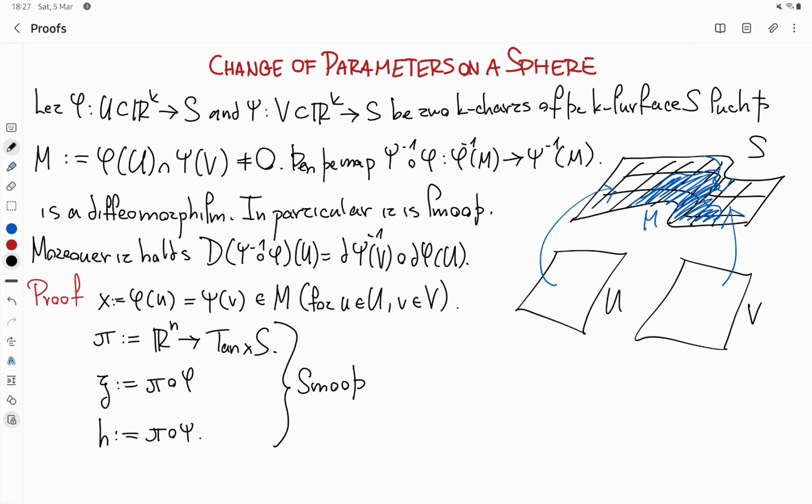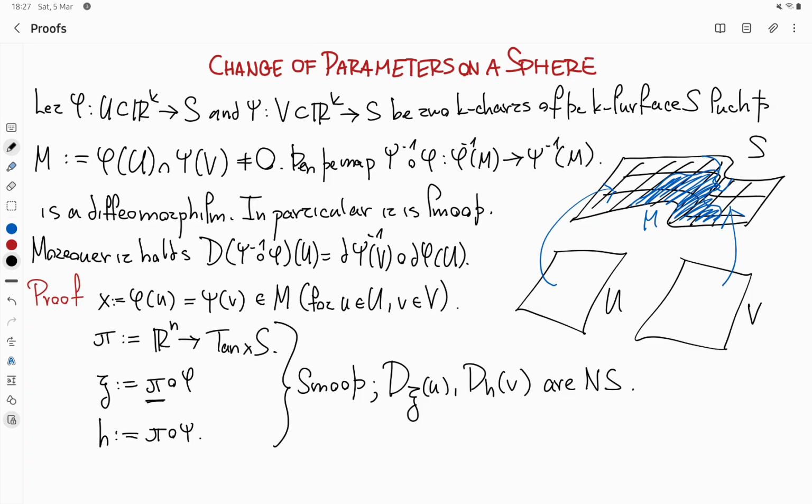Now, we know that the Jacobian of g at u and the Jacobian of h at v are non-singular. We know this because the Jacobians of phi and xi are both non-singular by definition, right? And we compose them with pi, which is a simple projection, so nothing can go wrong here.